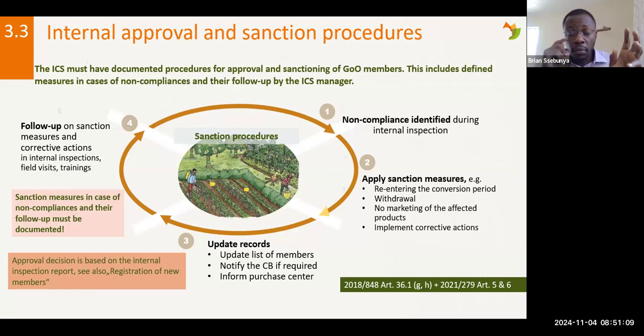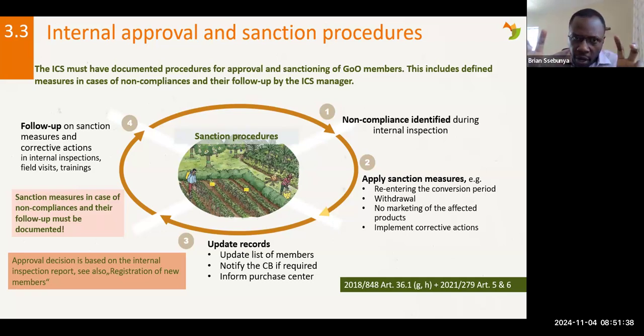Normally there is a form for non-compliances, and I think most of you should have that, and that form has two parts. On one side, you register the non-compliance, the farmer, where it was done, for example they used an unallowed input, and you put the details of the problem. Then on the other side, you have the corrective action, which they have to follow.